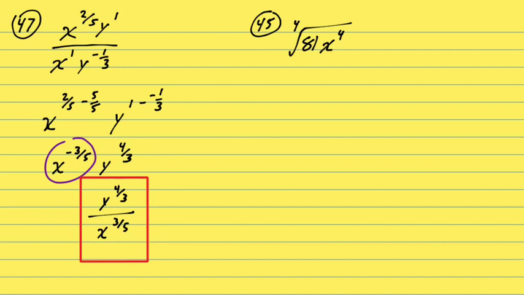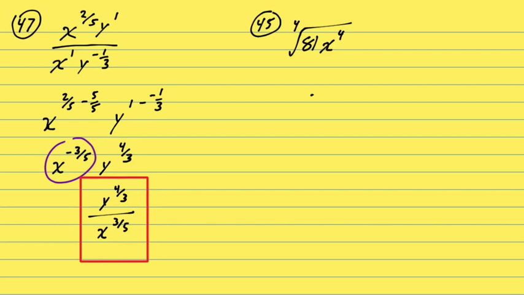So hopefully we won't leave negative exponents. I could change these to radicals, but how's the question asked? With radicals or fractional exponents? It's asked with fractional exponents, so I'm assuming the answer should be in fractional exponents. 45, on the other hand, is asked in radicals. So my answer should be in radicals.